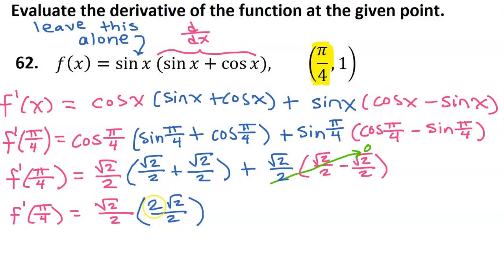And of course these 2's are going to just cancel each other out. So that's going to leave us with radical 2 times radical 2 in the numerator, which is just regular 2. And then we still have this 2 in the denominator. So that's 2 over 2, which equals 1.